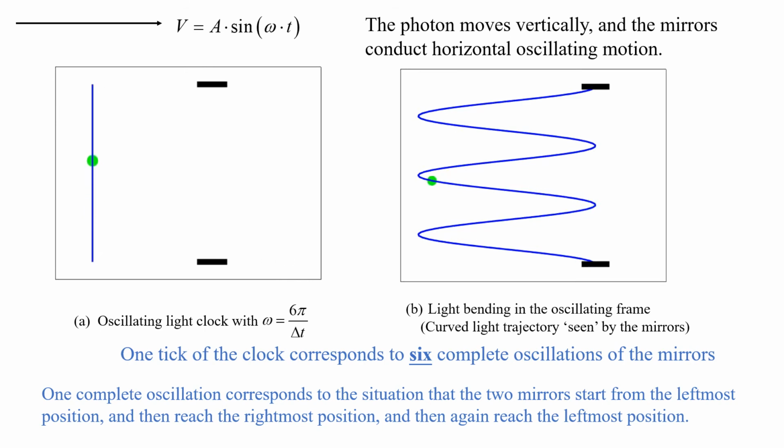This slide shows that one tick of the clock corresponds to 6 complete oscillations of the mirrors. And video B here shows the curved light trajectory seen by the mirrors.